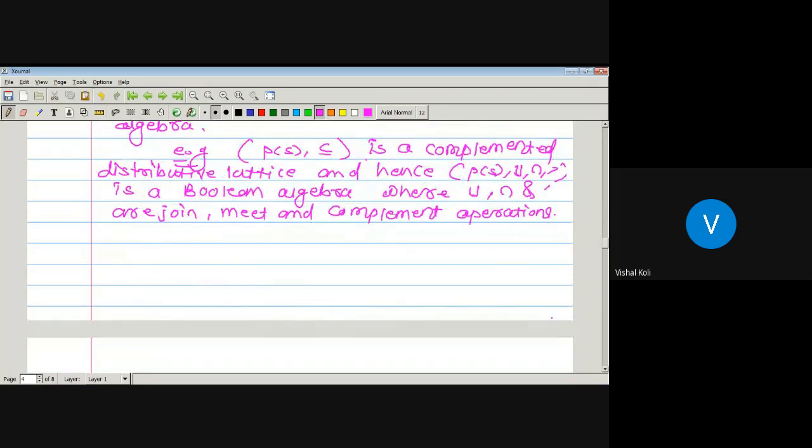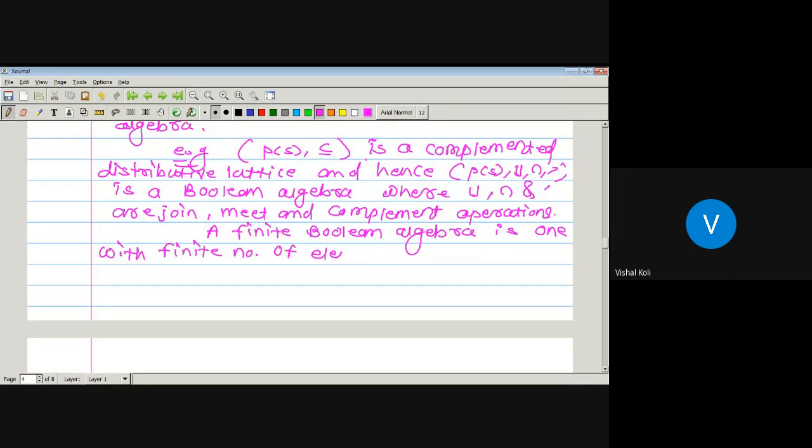Now, any Boolean algebra with a finite number of elements is called a finite Boolean algebra. So a finite Boolean algebra is one with a finite number of elements.